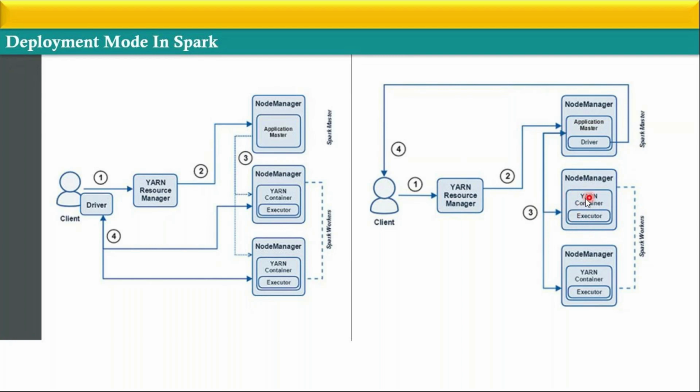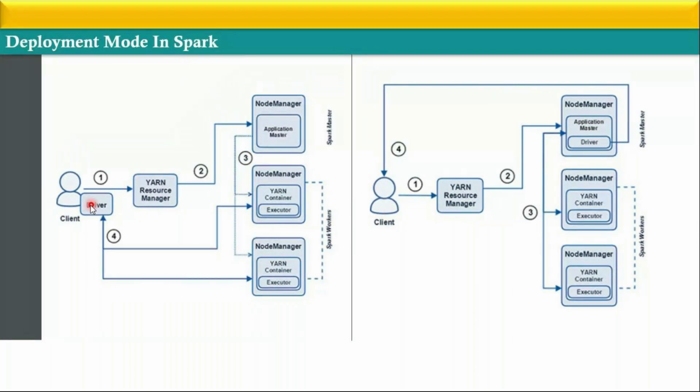A YARN container, or executor, is nothing but providing certain resources to that particular application in order to execute. The driver is there, and it is going to check the functionality of that particular job. And once the job is over, it is going to inform the client that the job has been executed.